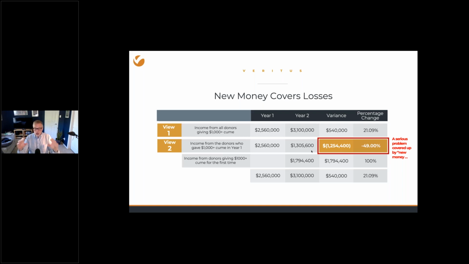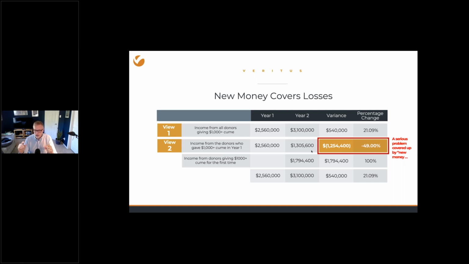So in view 2, this is how we at Veritus like to look at these results. Those donors that gave the 2.5 million, what did those same donors give in year 2? And you can see that those same donors gave actually 49% less than they did in year 1. It went from 2.5 million to 1.3 million.